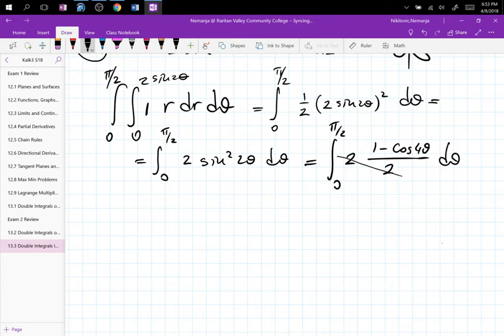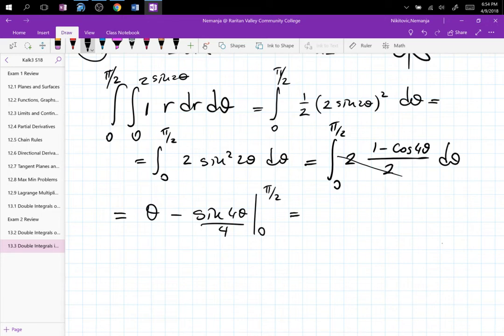These 2's die. And now the integral of 1 is just theta, minus, and the integral of cosine is positive sine, so sine 4 theta over 4 because of the u sub. Everything computed 0 to pi over 2.